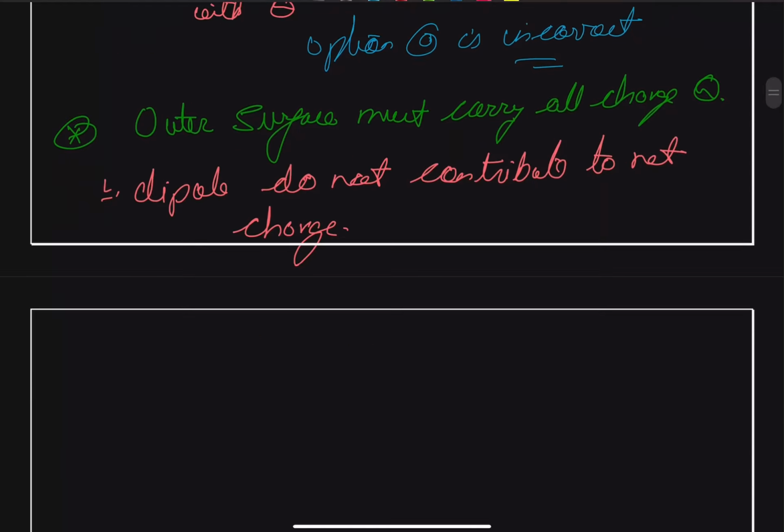Therefore our outer surface is independent of the dipole.